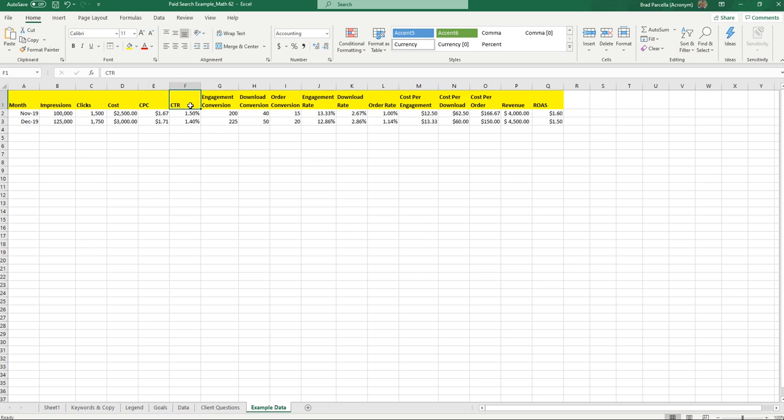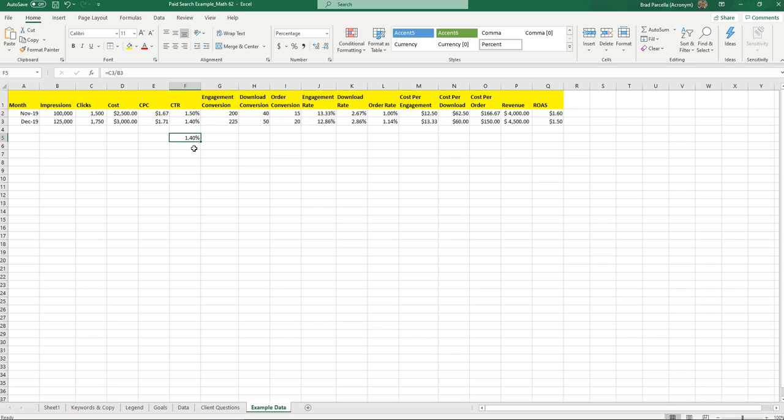All right, you have CTR next. CTR is click-through rate. This is also another calculation. And click-through rate is calculated by dividing clicks by impressions. And that's a percentage. So this percentage tells you how often your ads are being clicked.